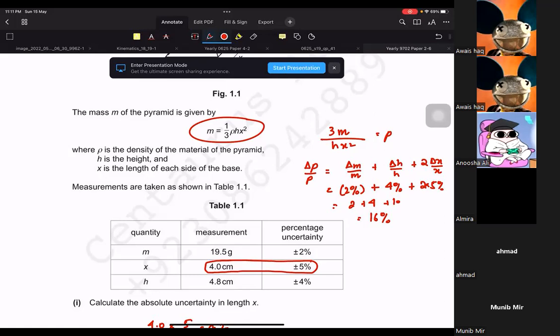Do you understand what I'm saying? If they say percentage or absolute for any one of these, it is just this value. If they say in rho, then it has a contribution of 10%.